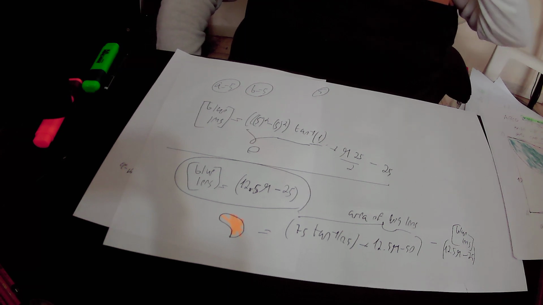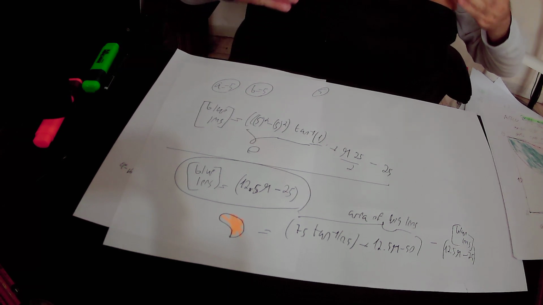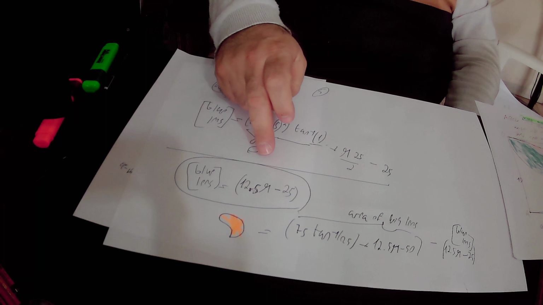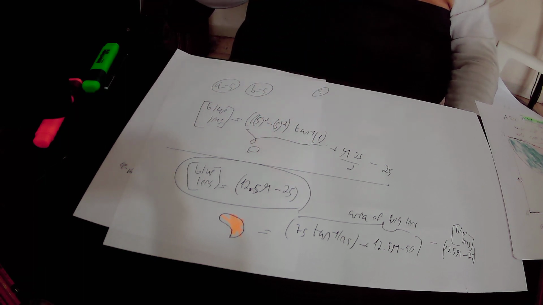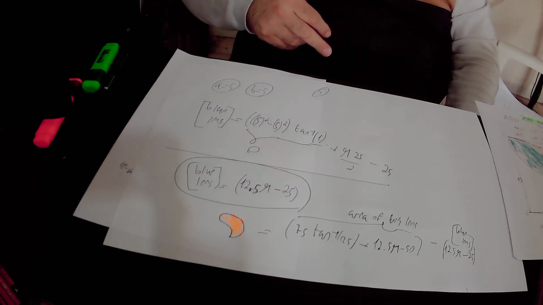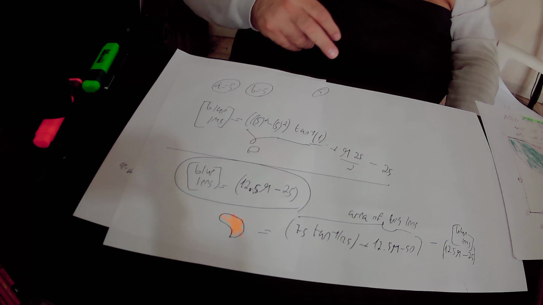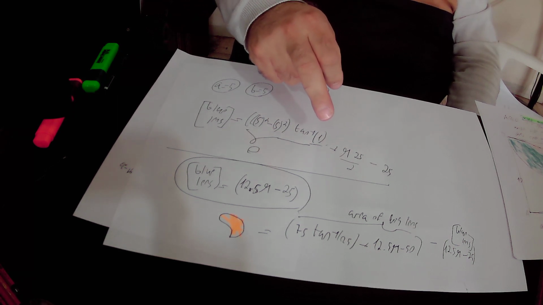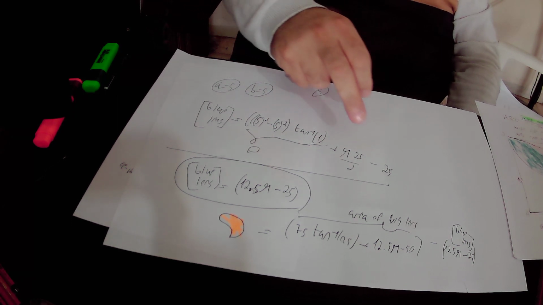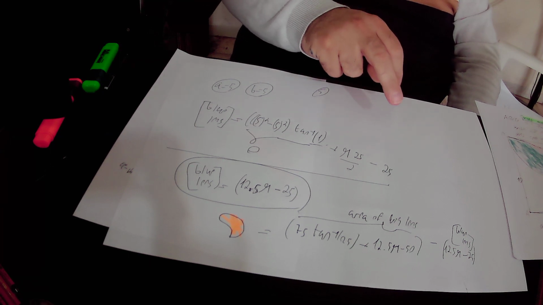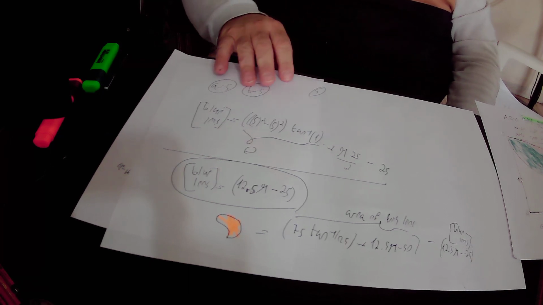So in conclusion, we found out that the area of the blue lens equals 12.5 pi minus 25. Now we have to subtract the area of the blue lens from the area of the big lens. In this way we find out the area of the orange shape.